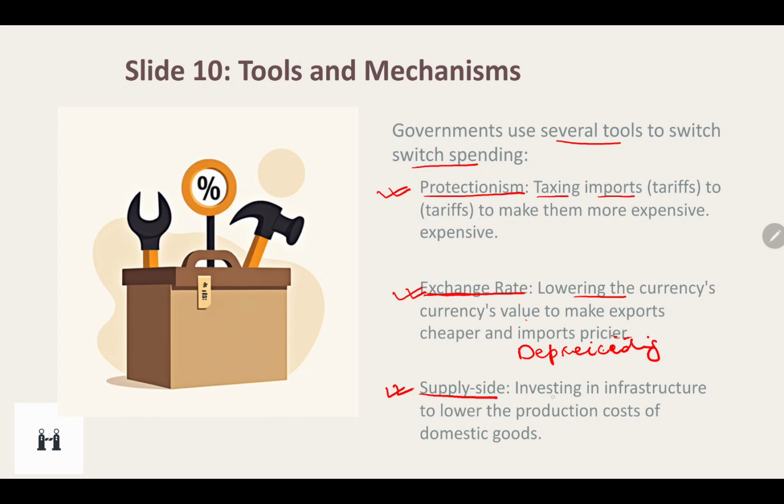Supply side policy: investing in infrastructure to lower the production cost of domestic goods, and as a result the prices of domestic goods will be lower because of the productivity. So these are the methods to switch the spending of the consumer: protectionism, exchange rate, and the supply side policy.